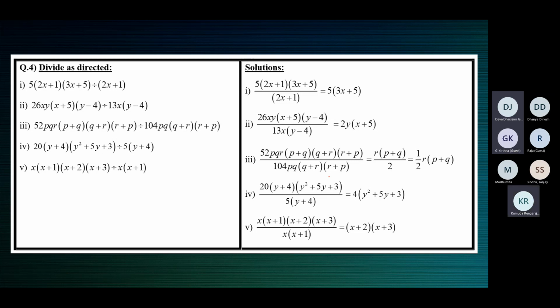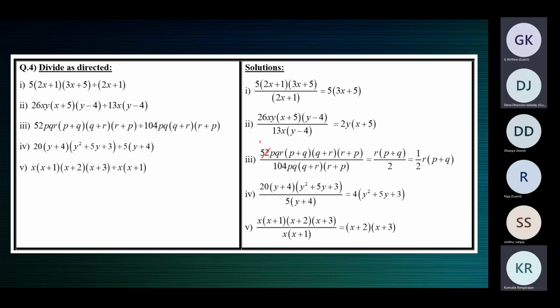Is it difficult, children? One of you please try the third one. Ma'am, Kirtana, can I say? Yes, Kirtana. Ma'am, first 52 twos are 104, ma'am. And then Q and Q numerator and denominator will be cancelled, and QR will be cancelled, and RP will be cancelled. What about P and P?